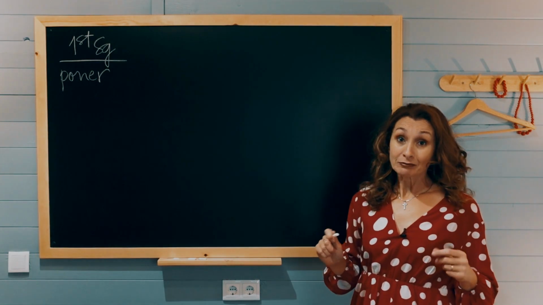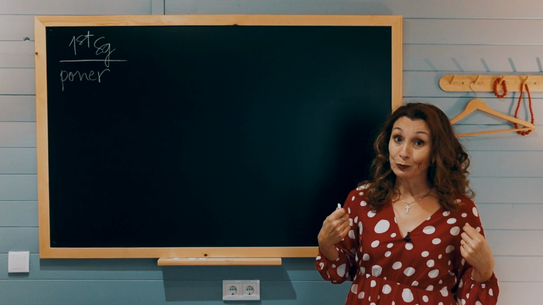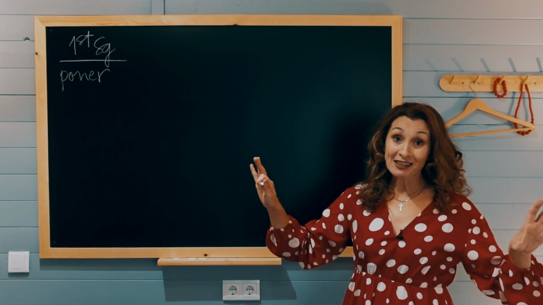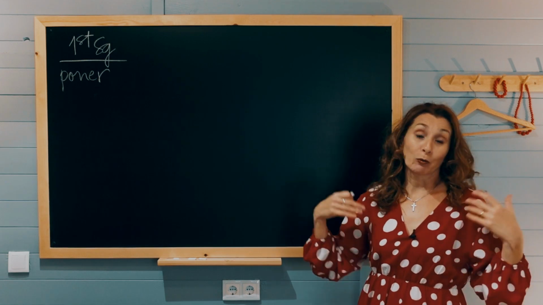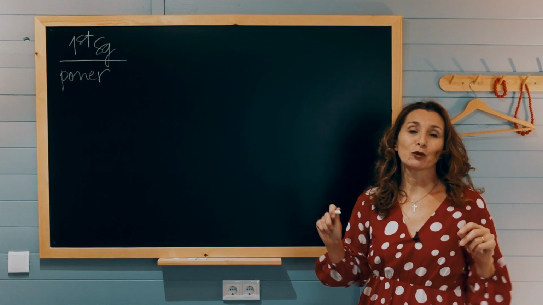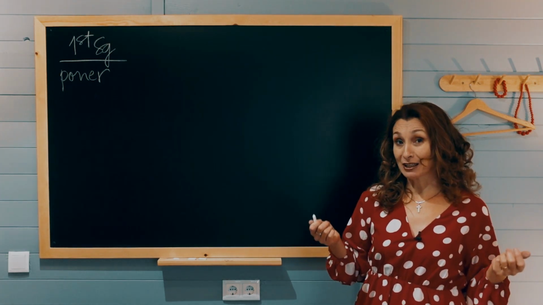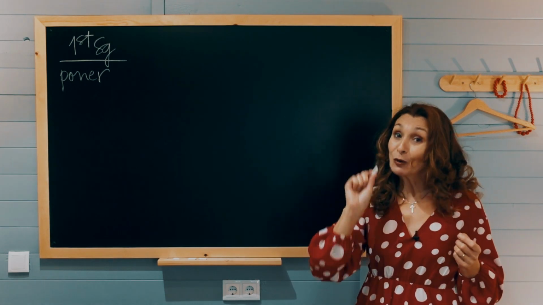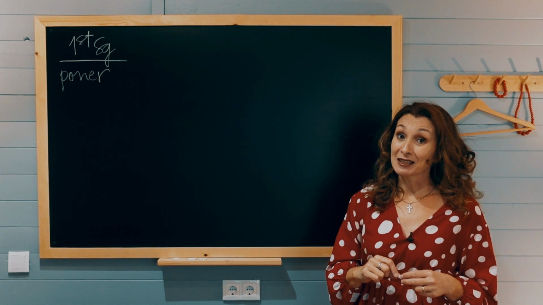And poner in the first person singular is pongo. And the rest are all according to the rule. So it would be pongo, we have this G, and then the rest would go pones, pone, ponemos, ponéis, ponen. So the only irregularity is in the first person singular.